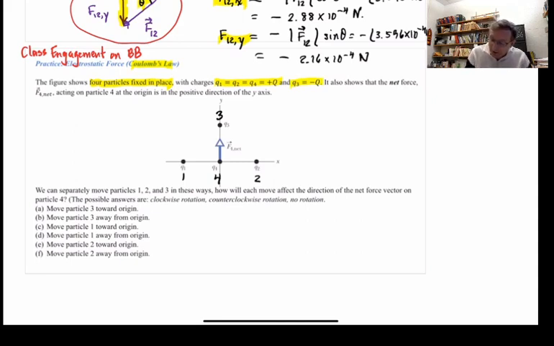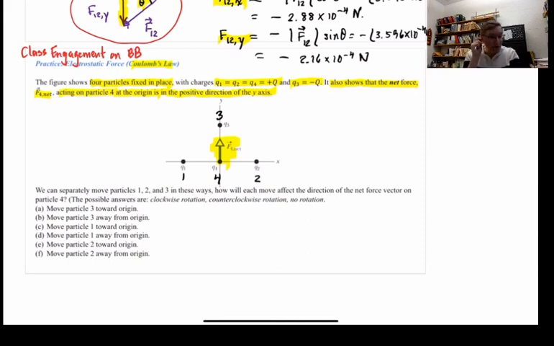The picture also shows the net force, F4 net, acting on particle 4, which is the one at the origin, and it shows that it's in the positive direction of the y-axis. There it is, anchored on 4, because it's the net force on 4. Notice it points in the plus y direction, given that 1, 2, and 4 have charge plus big Q, and 3 has charge negative big Q. The first thing you should do, although this is not an actual part of the exercise, is convince yourself how F4 net points the way it does in this drawing.